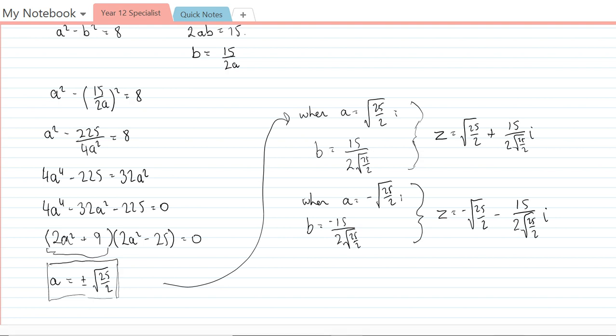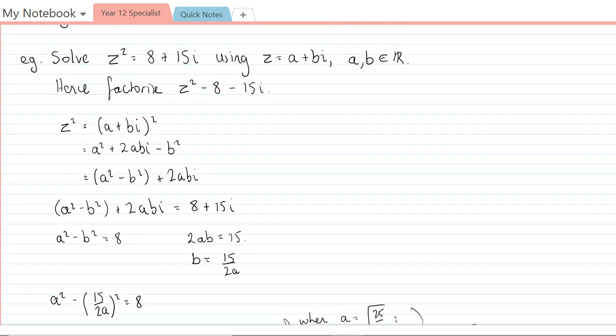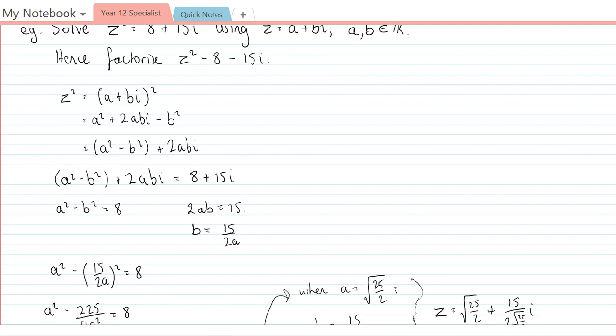The other part of the question was to therefore factorize that polynomial.